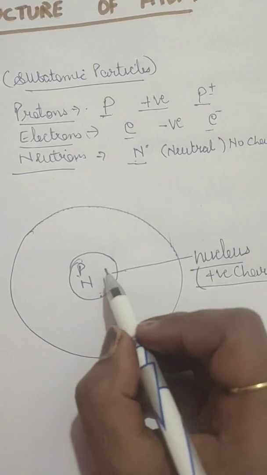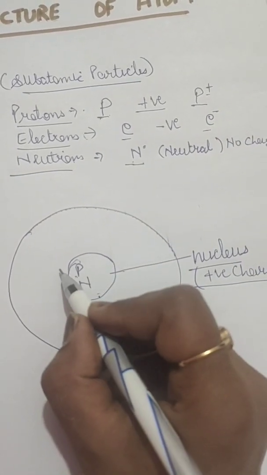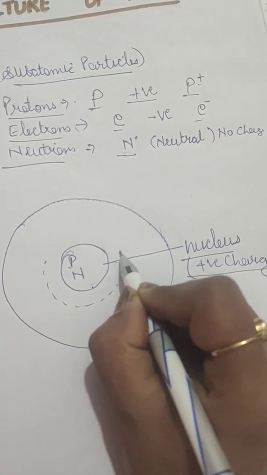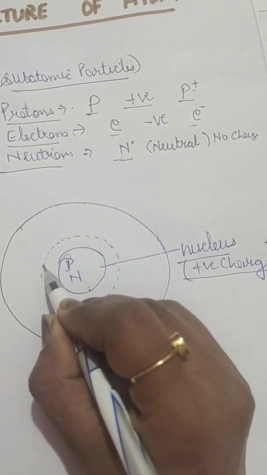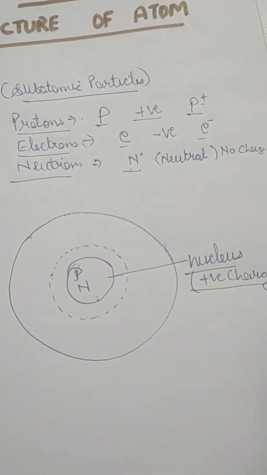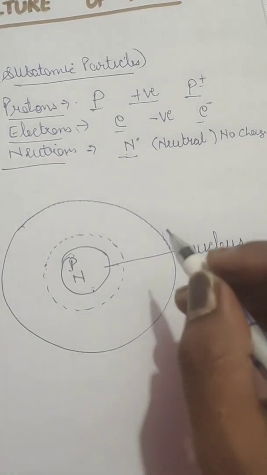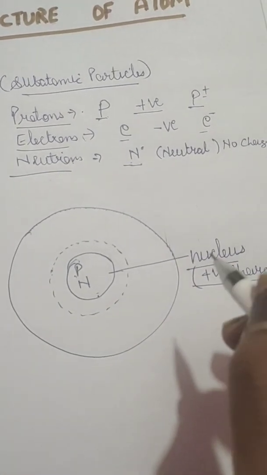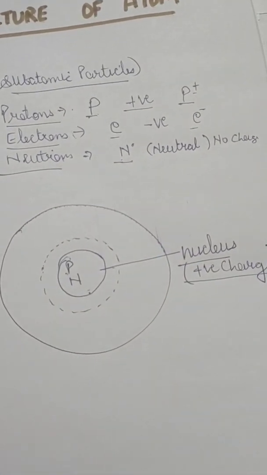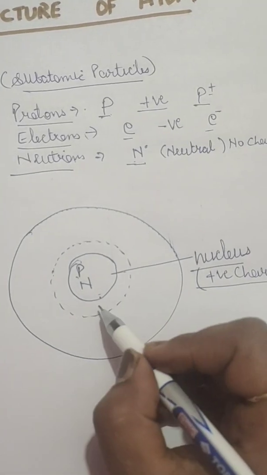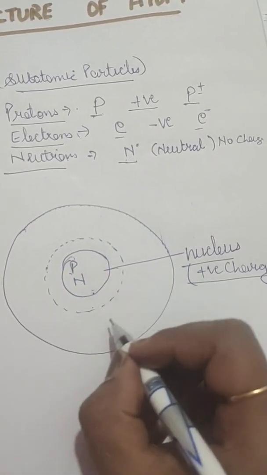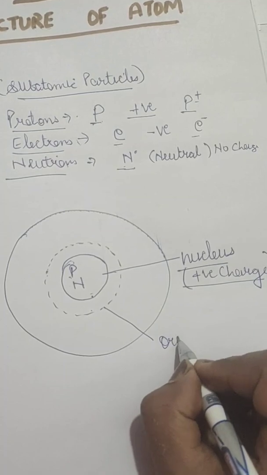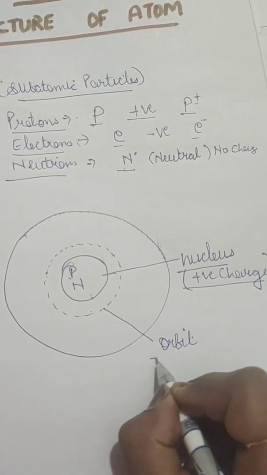Okay, so outside the nucleus there are some orbits, just like the earth moves around the sun. There is a track which is almost invisible, but there is a track, that is why the earth follows the same direction all the time. So this is the orbit in which the electrons revolve.